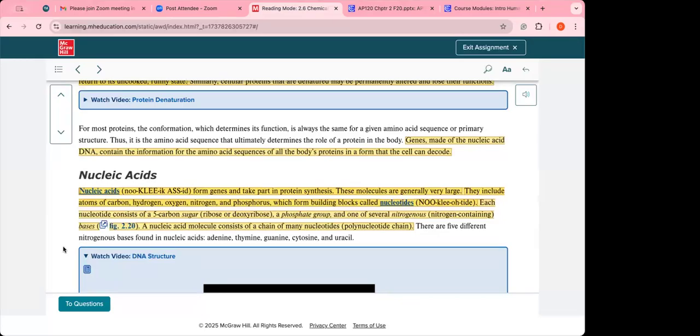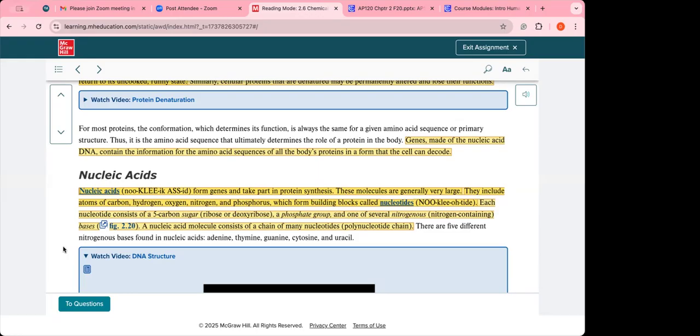These molecules are generally very large. They include atoms of carbon, hydrogen, oxygen, nitrogen, and phosphorus, which form building blocks called nucleotides. Each nucleotide consists of a 5-carbon sugar, ribose or deoxyribose, a phosphate group, and several nitrogenous bases found in nucleic acids.